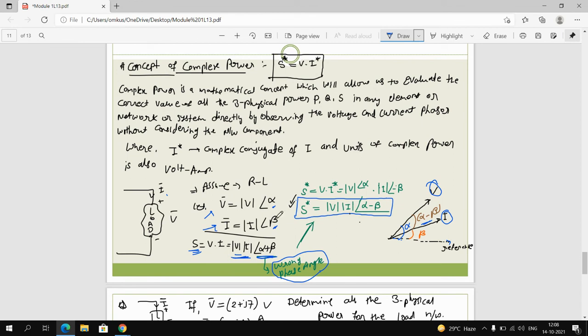You need to take the conjugate of this current value. If you take the conjugate, conjugate means you need to take minus of this beta factor, and when you multiply this, the angles are summed, and your phasor and your equation both match. So that's why in complex quantities we are using the conjugate method.